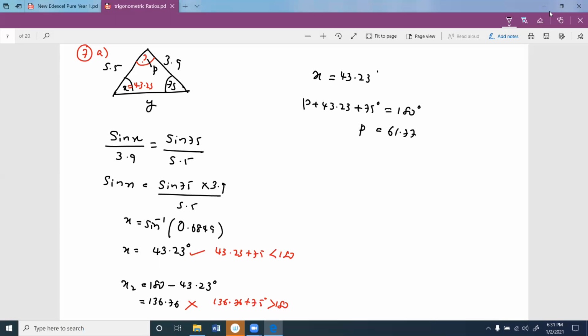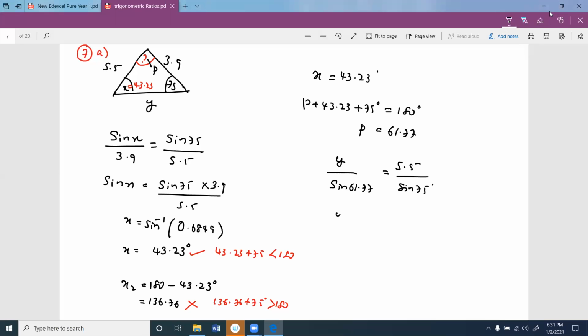Then we can write y divided by sine 61.77 is equal to, you can use any relationship you like, 75 with this side or 43.23 with this side. It doesn't make a significant difference. Sorry, it's not 75, it should be 5.5 divided by sine 75.